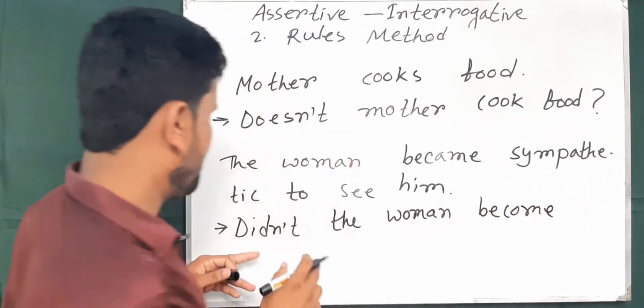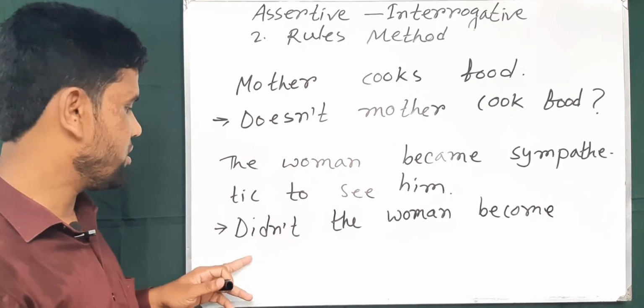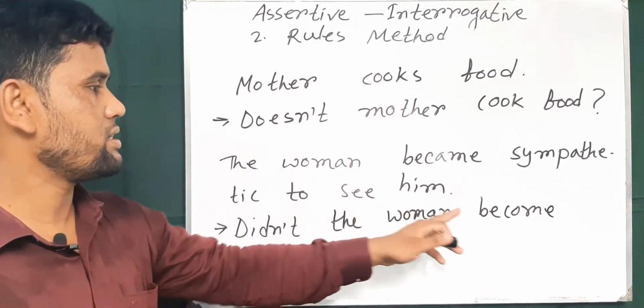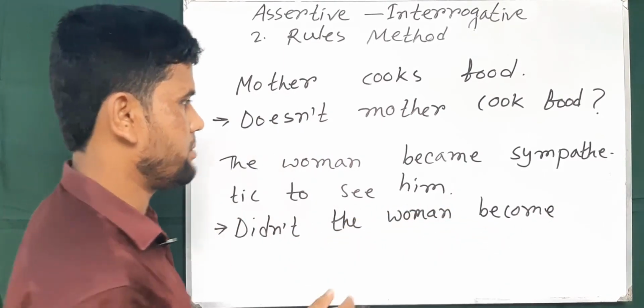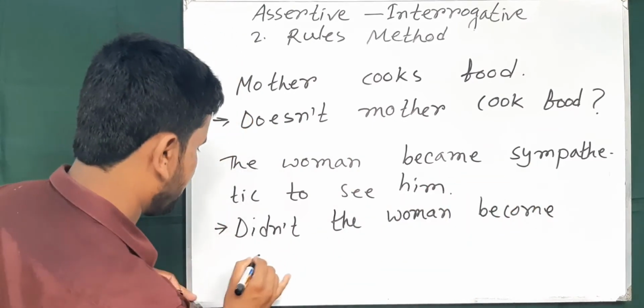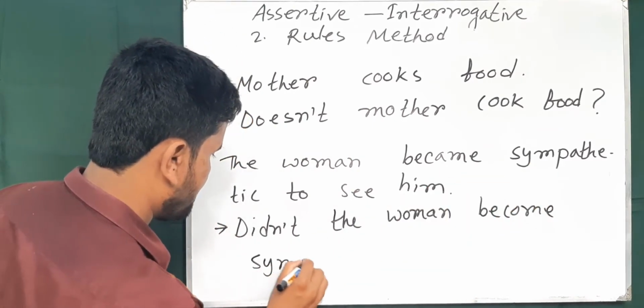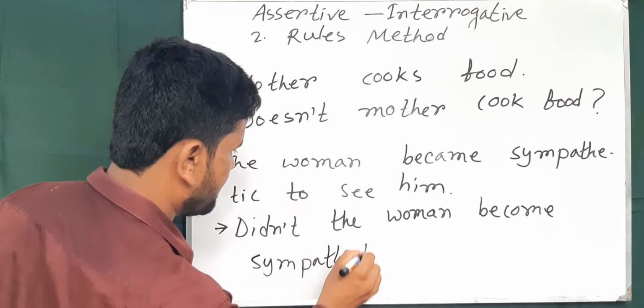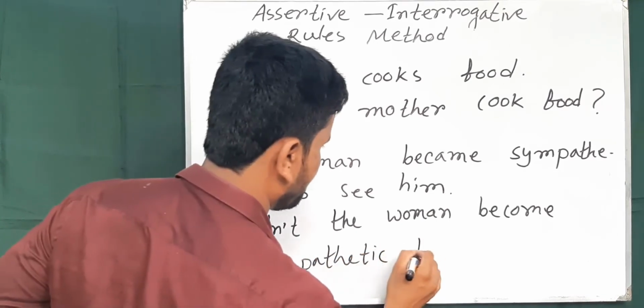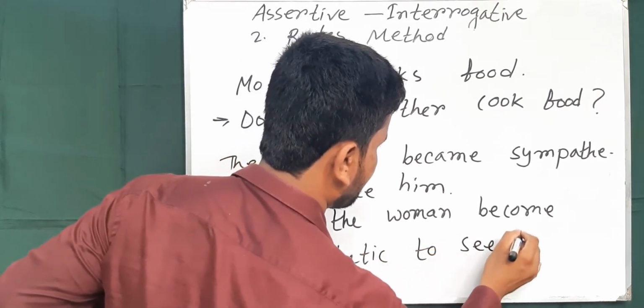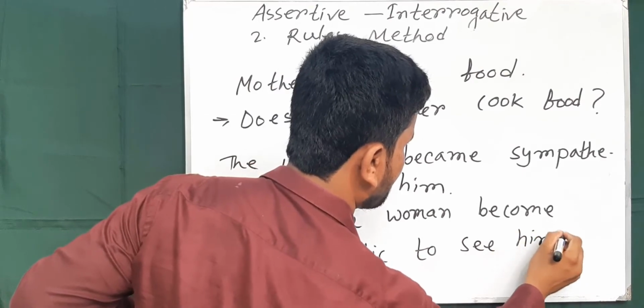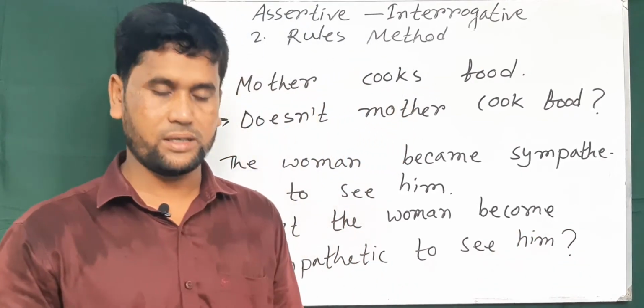In an interrogative or negative sentence, when we use do, does or did, we must use the base form of the verb: become sympathetic, sympathetic to see him, and the note of interrogation mark.